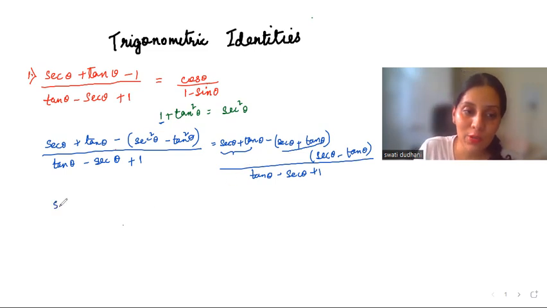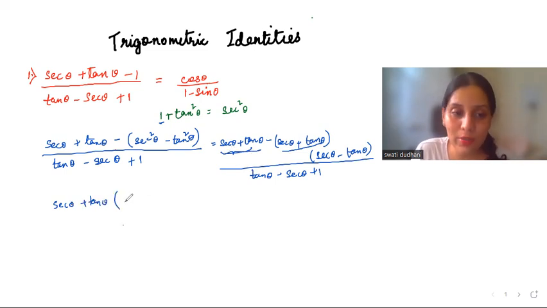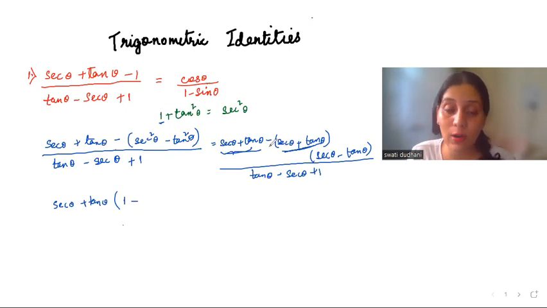So that can be taken out common. If I take out common secant theta plus tan theta, I'm left with, once I take common, 1 minus, this part is already taken out, so we are left with this part. And you have a negative sign outside. So while opening the bracket, you need to observe the sign, remember the sign.